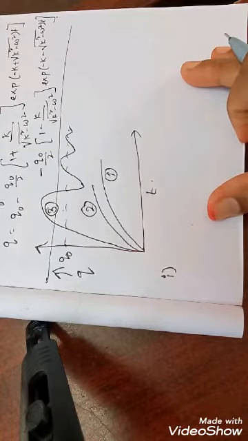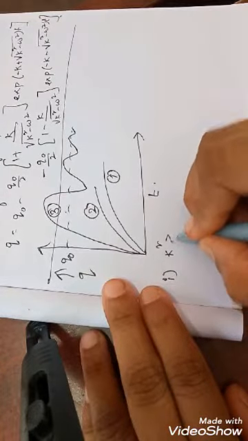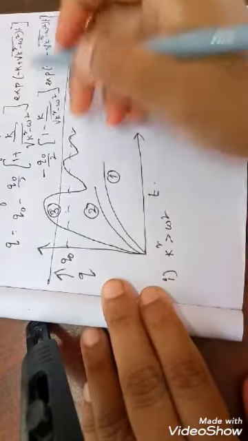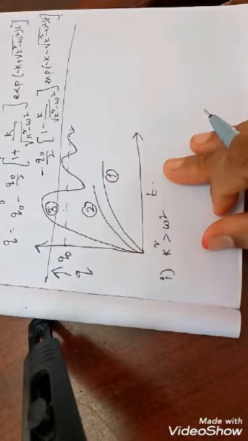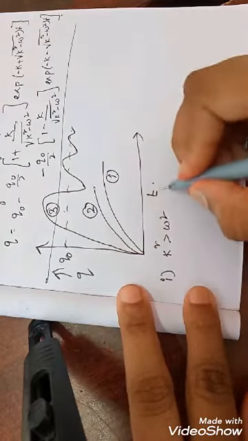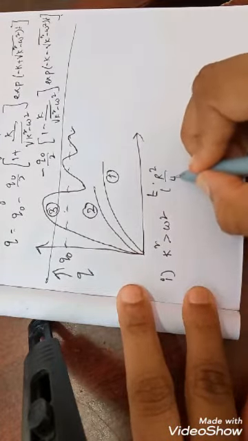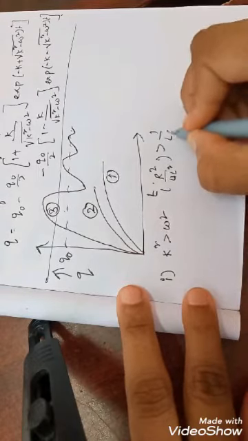So here in case 1, K square is greater than omega square in this formula. When K square is greater than omega square, R square by 4 L square is greater than 1 by LC.